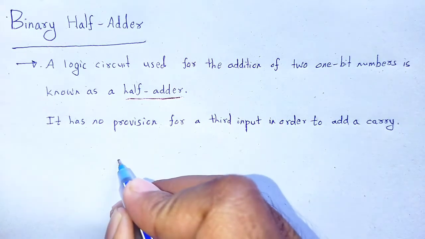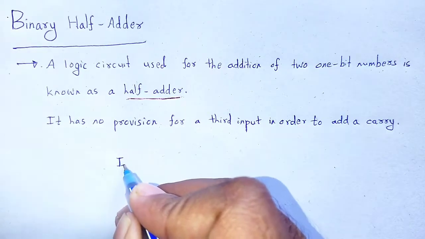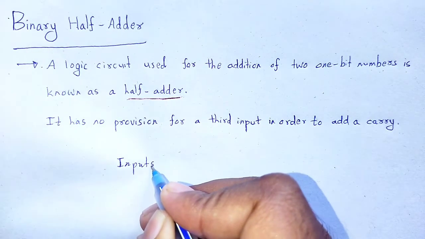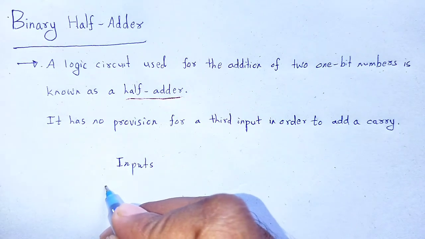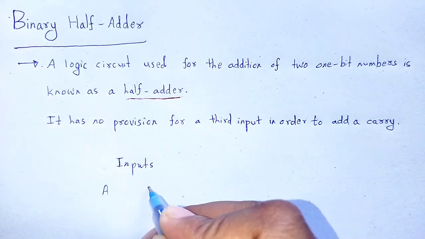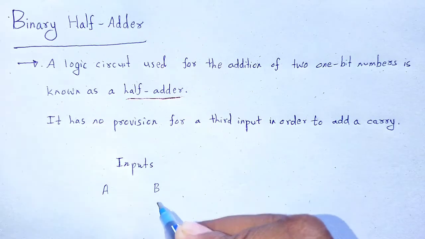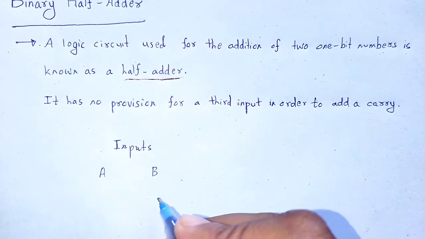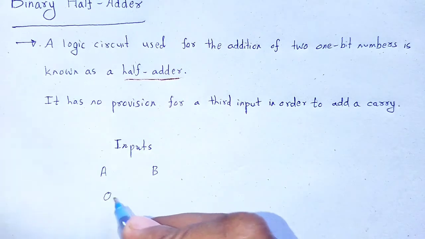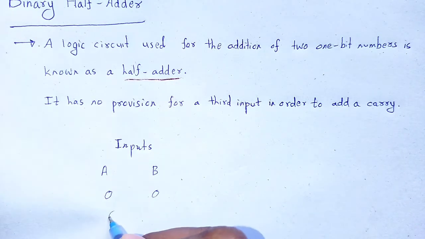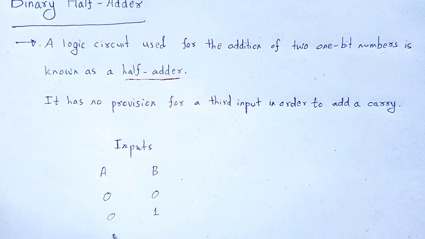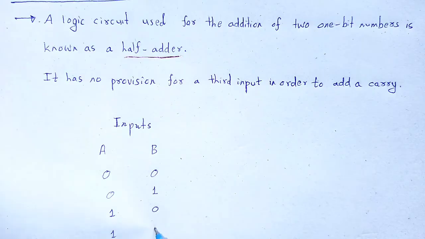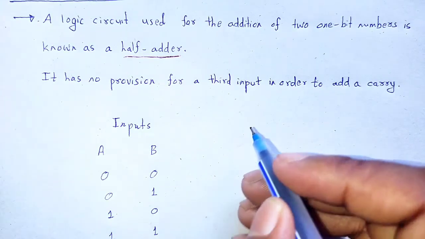in the input section, let A be one input and B another input. The possible inputs are 0 and 0, 0 and 1, 1 and 0, 1 and 1.